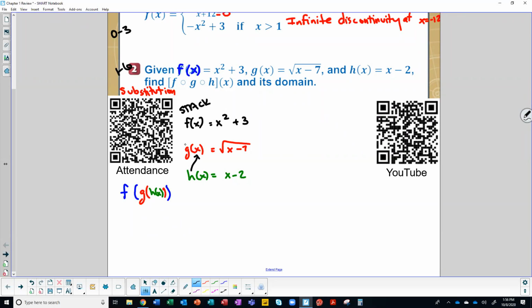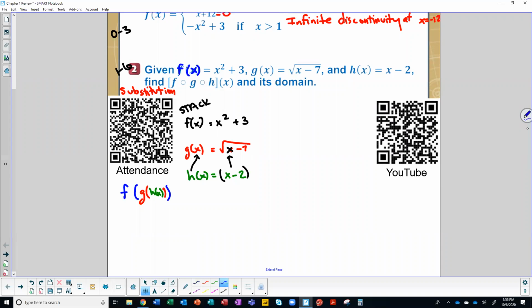And then that value is going to get shifted into the place of x. That's what's going to happen. h's equation is going to go into this x. For g, that result is going to go into this x. That's what's going to happen here. Okay, so let's first pay attention to this one. I'm going to take the equation h of x, and I'm going to substitute it in for this x.